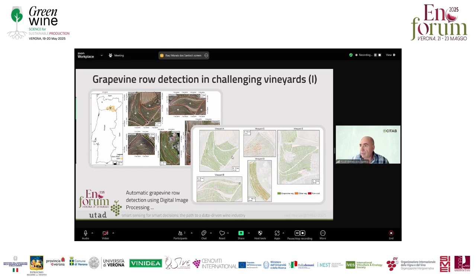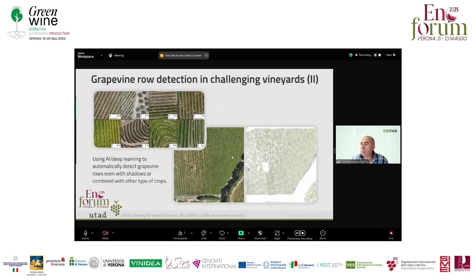But in some cases, this approach is not 100% feasible. So we have undergone a deep learning process, and now we have an algorithm that automatically processes images, separating vineyards from other crops.